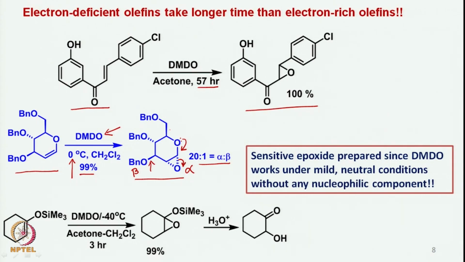Say for example, if you start with an enol silyl ether, which is an electron rich double bond, and if we do the reaction at minus 40 degrees with DMDO in an acetone dichloromethane reaction mixture, within 3 hours this particular epoxide is formed.